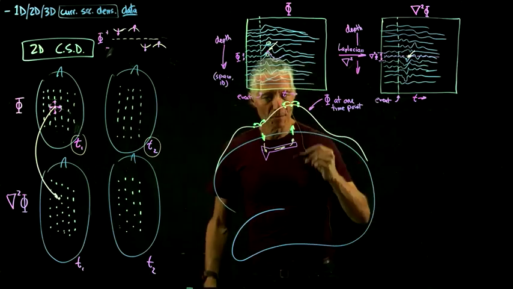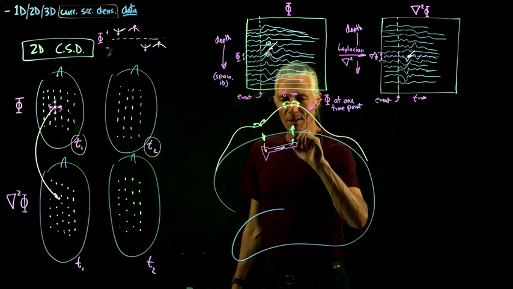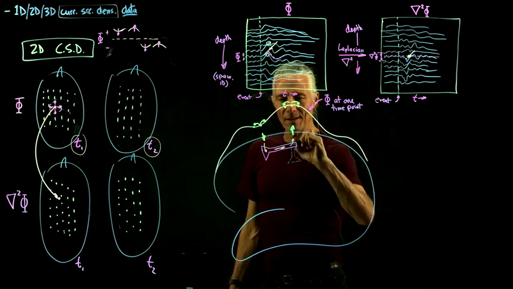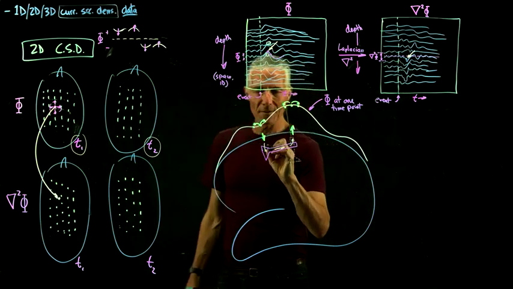So it could also just be that you had a cell over here. I'll dot this one. So you might have had a cell over here and another cell over here.